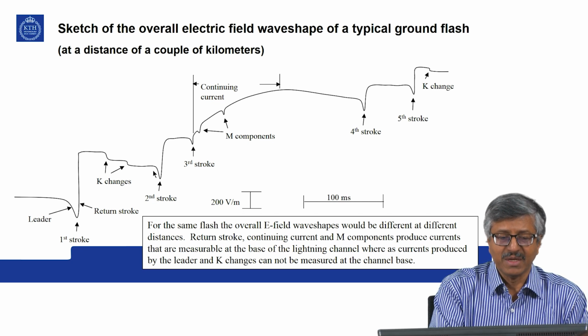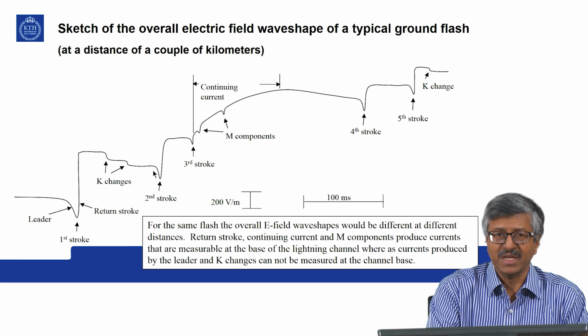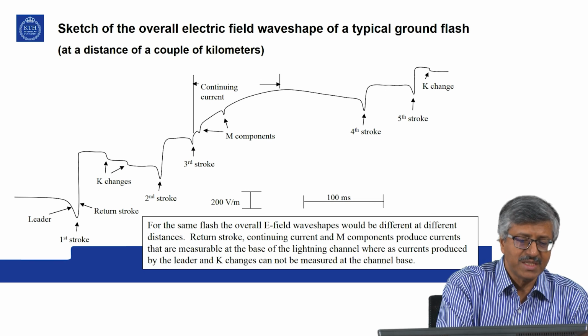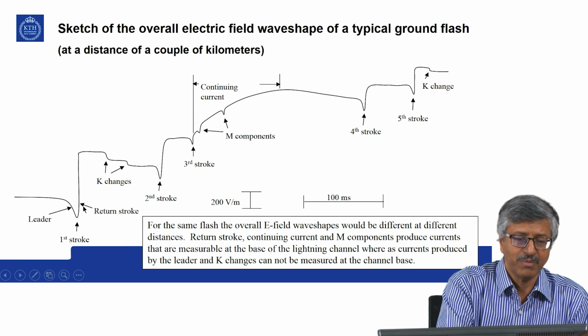This shows several processes in the lightning flash, and of these, as far as interaction with systems on the ground is concerned, we are mostly concerned about the return stroke, the most energetic thing.